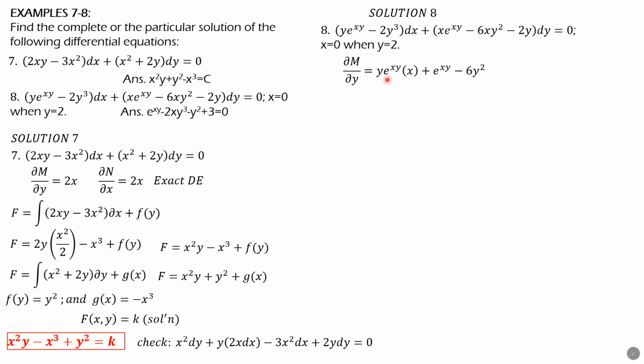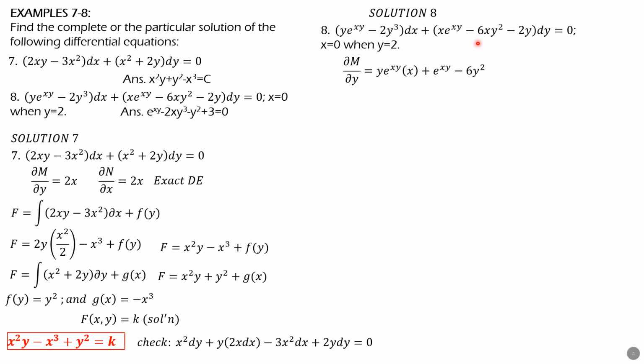So y e to the xy times x plus e to the xy times derivative of y, which is 1, so plus e to the xy, then minus the derivative of 2y cubed with respect to y is negative 6y squared. So this is the partial derivative of function M with respect to y.